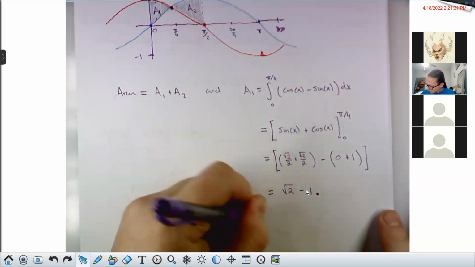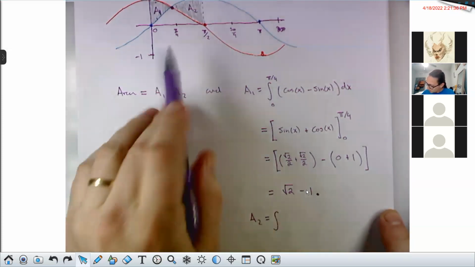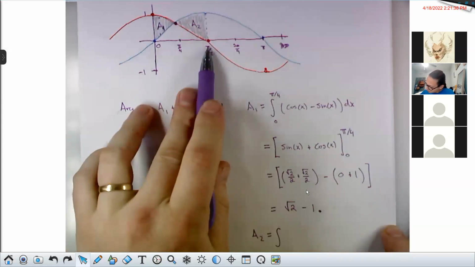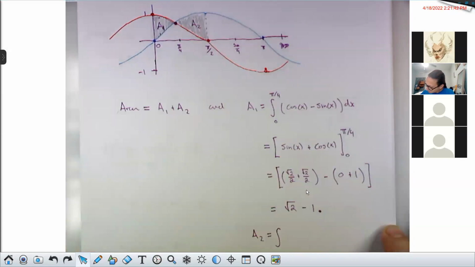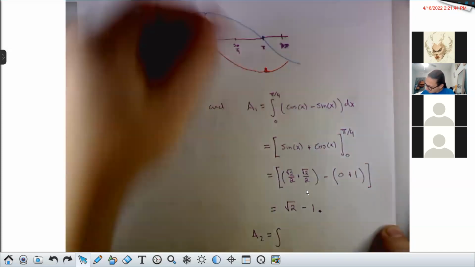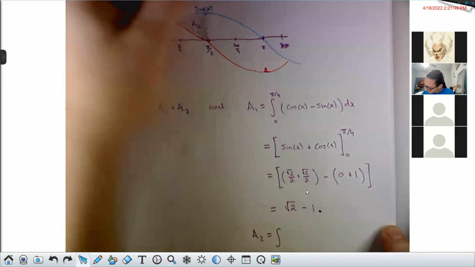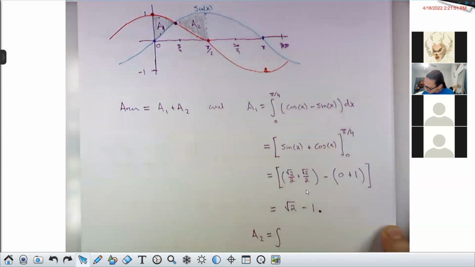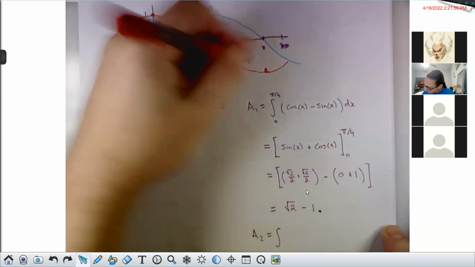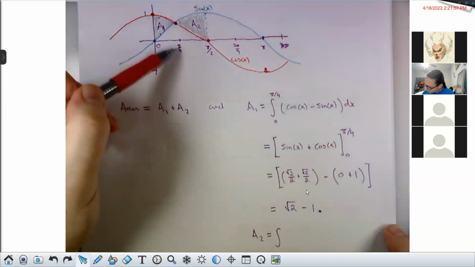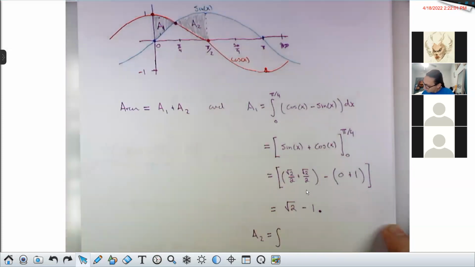A2 is the same sort of thing, only now I'm going to integrate from pi over 4 to pi over 2, the upper minus the lower here. The upper, remember, blue is sine, red is cosine. So on the second subinterval here, from pi over 4 to pi over 2, I'm going to integrate sine minus cosine.